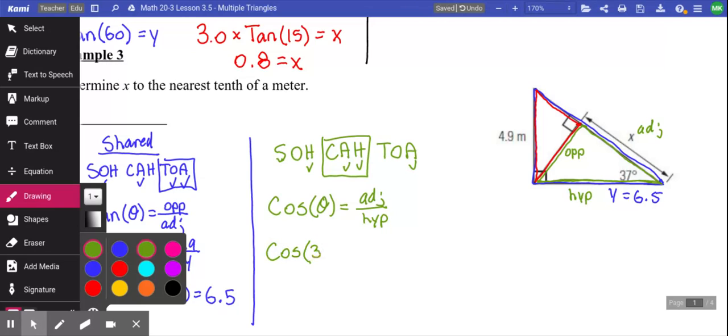That means I have cos of 37 equals x divided by 6.5. Then I can choose to multiply or divide. This question would be multiply because the letter is on the top. And when the letter is on the top, we multiply. If you throw that in your calculator, you're going 6.5 times cos of 37. You get 5.2.